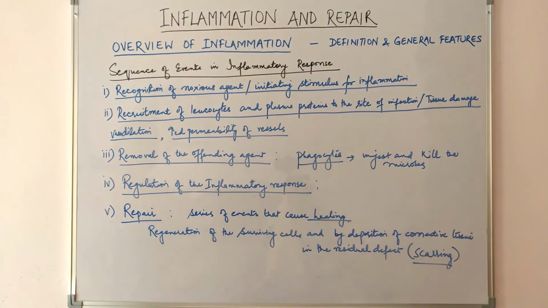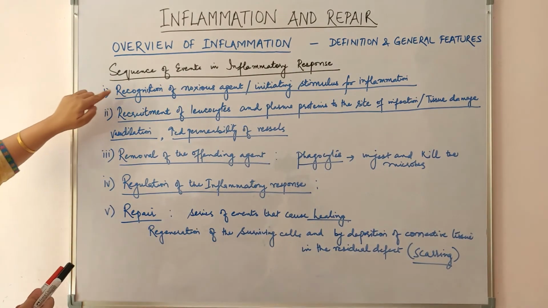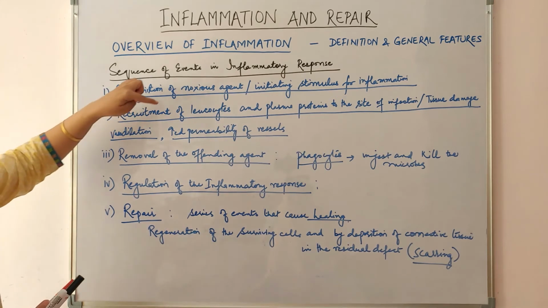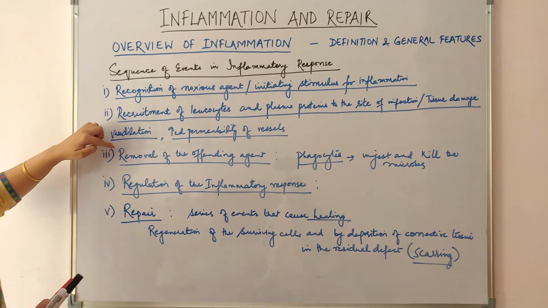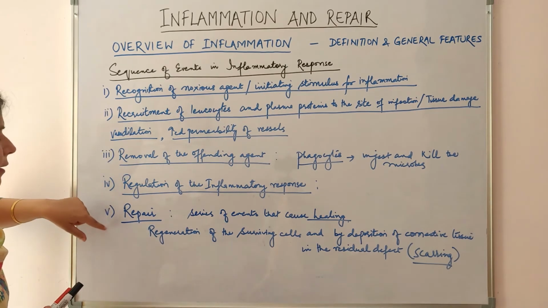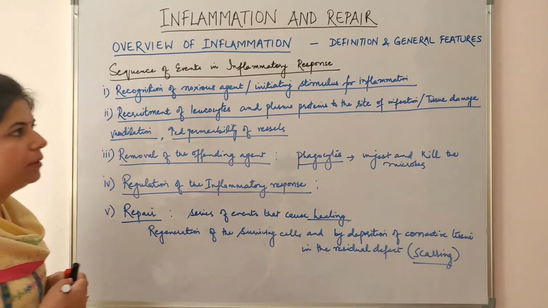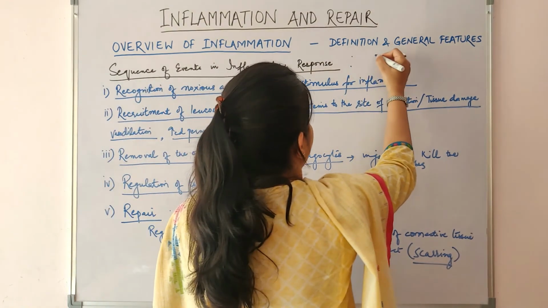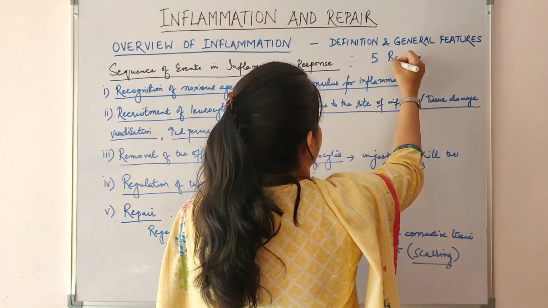So these are the 5 steps: recognition of noxious agent, recruitment of leukocytes and plasma proteins, removal of the offending agent, regulation of inflammatory response, and repair. So we can remember it by 5 R's.